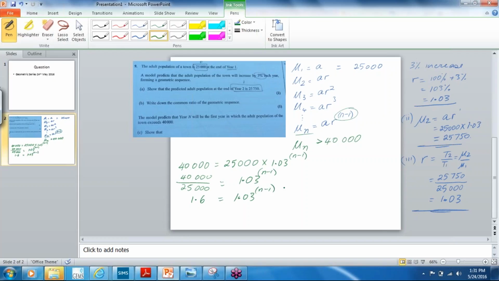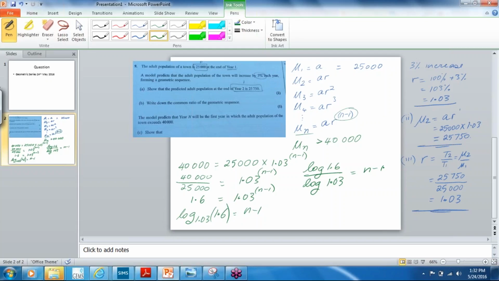Here we use logs. This is index form, so the log to base 1.03 of 1.6 equals n minus 1. We can use the change of base rule here: the log of 1.6 divided by the log of 1.03 will equal n minus 1.